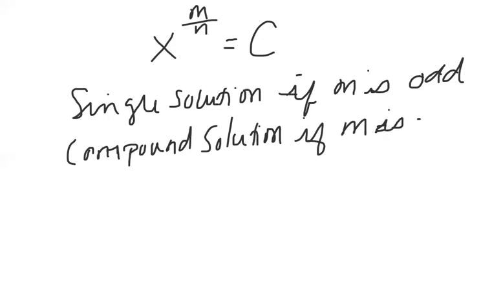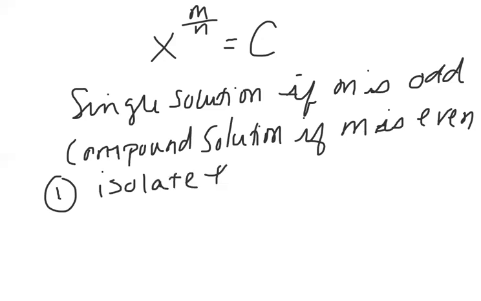So this is the bottom line. If your m is odd, single solution. If your m is even, you get a compound solution. So guys, let me go through the steps on how to solve this one. First step, you want to isolate the exponential term.